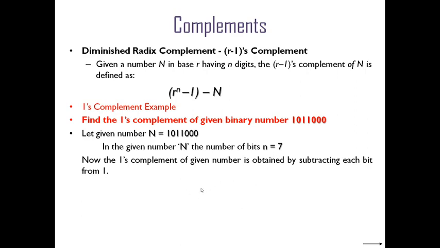These are 7 ones, and we will subtract each bit in the given binary number from these ones. So like this, subtracting, 1 minus 0, 1 minus 0, 1 minus 0, 1 minus 1, 1 minus 1, 1 minus 0, and this is the ones complement.